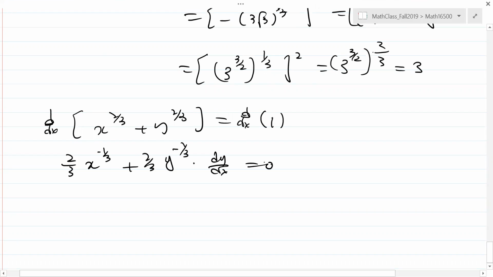Now I can quickly get dy over dx equals negative x to the negative 1/3 times y to the 1/3. Okay, it's going to be negative y over x, to the 1/3.